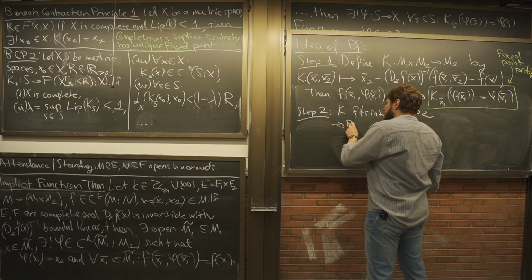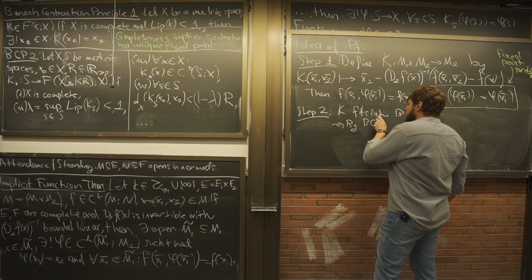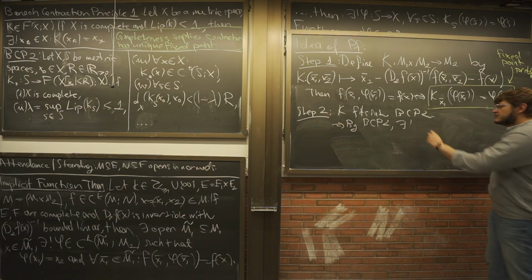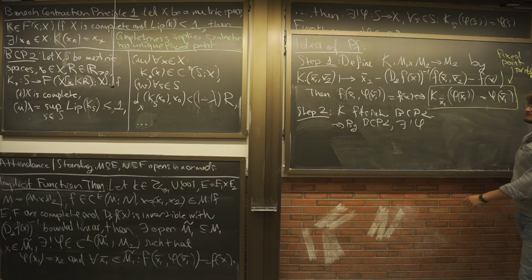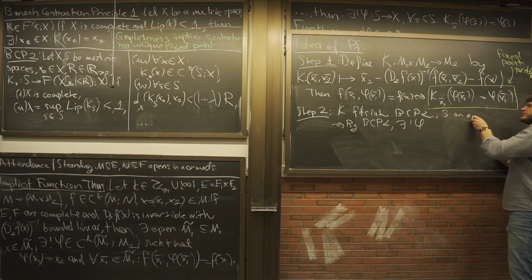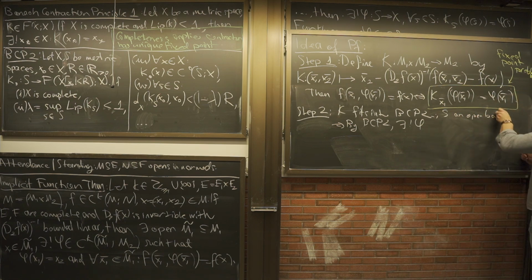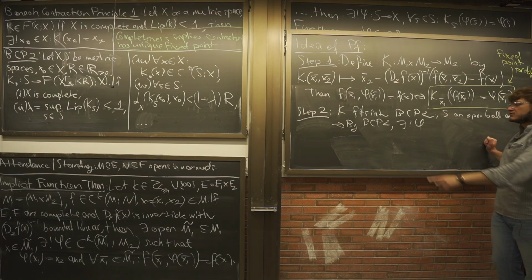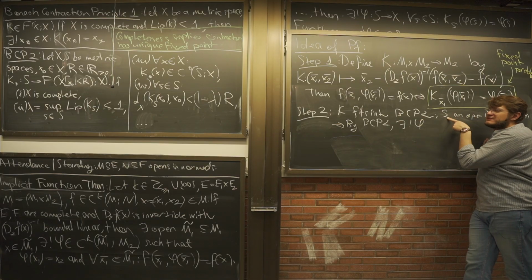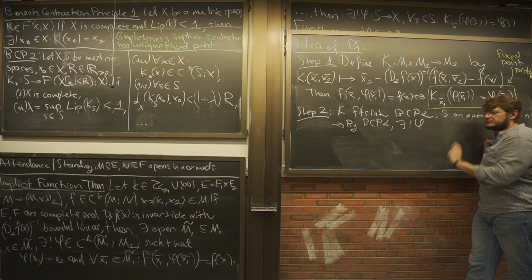So BCP2, there's a unique function, phi. Let me just say it like this. S, an open ball around x1. So part of figuring out this step 2 is to figure out what is the radius of this open ball, for instance.